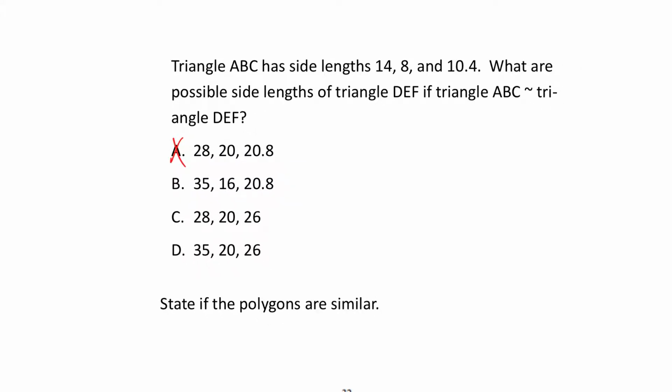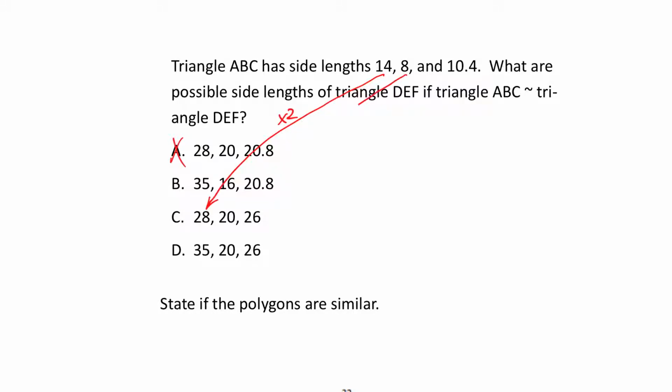Next one, so 14 to 35. To get that, I think it's 2.5 you have to multiply by. If you multiply 8 by 2.5, do you get 16? No. So those are not similar either. All right. Next one, 14 times 2 is 28.